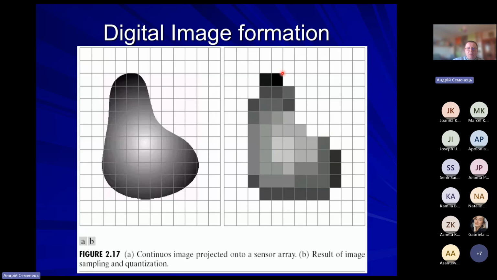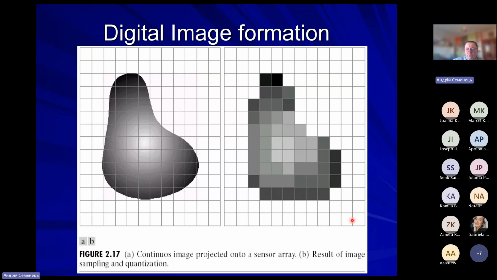And every time we will have some deviation from the original. Because as input we have a continuous signal, and obviously some of these sensor elements are illuminated not enough, below the threshold, and they don't generate any electricity in response.